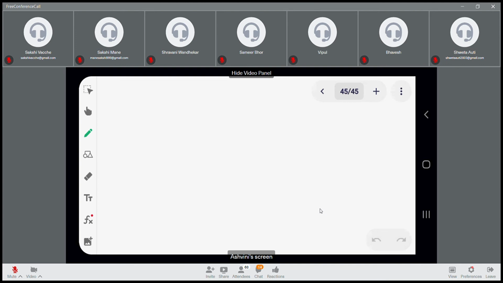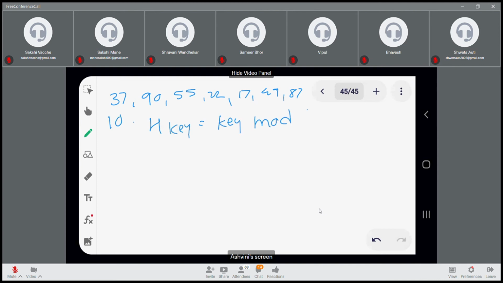For example, consider the values 37, 90, 55, 22, 17, 49, 87, and the table size is 10. Let's use the hash function h(key) = key mod table size, that is, key mod 10.